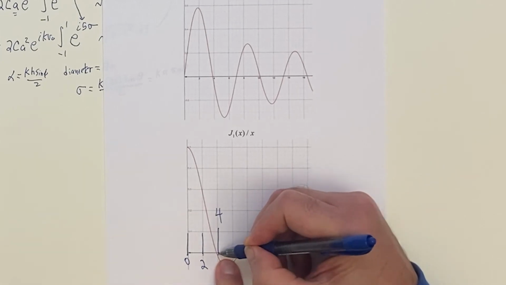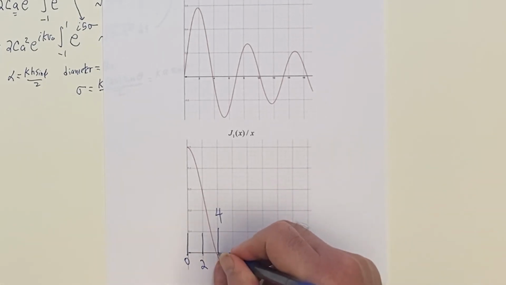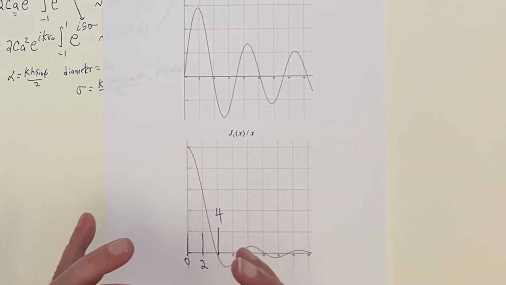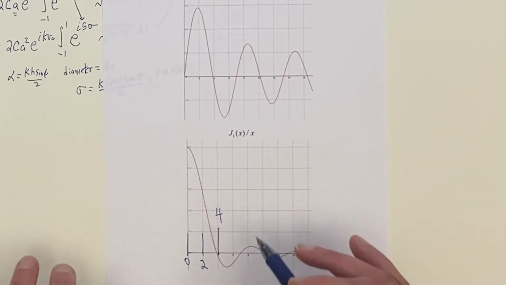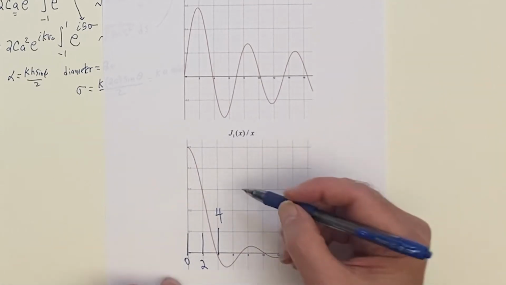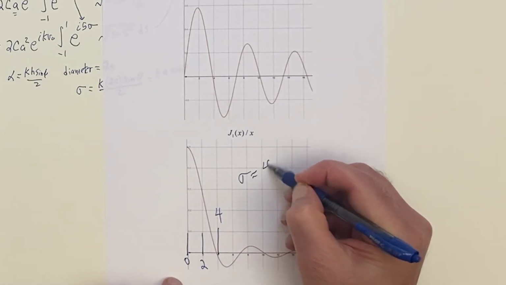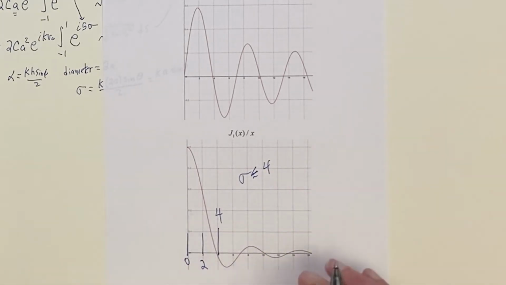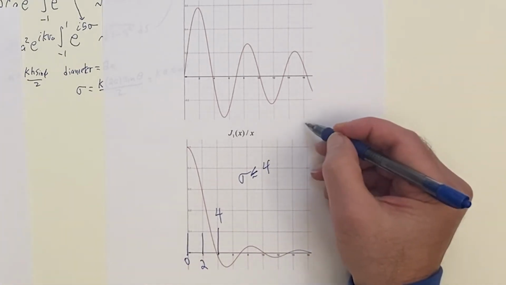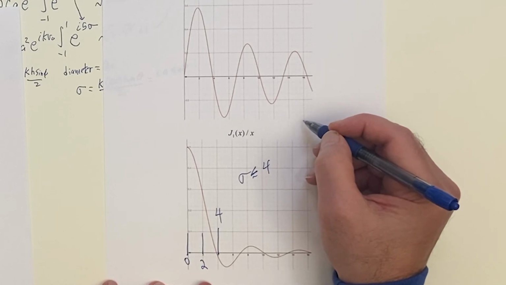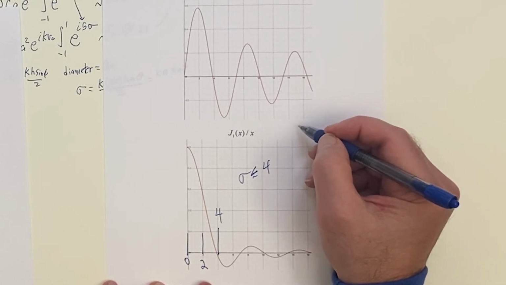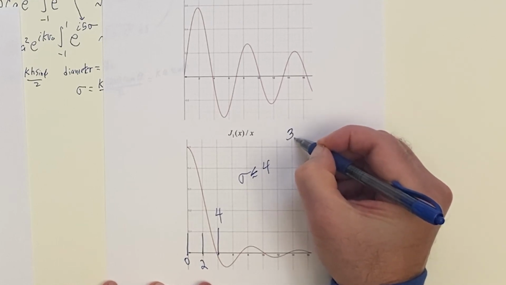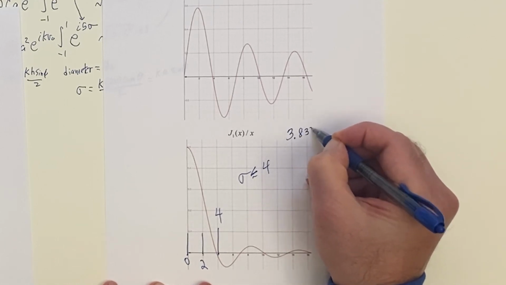This is a little bit less than 4. So that means in our diffraction pattern, we're going to have a circle where when the value for sigma is a little less than 4, it's going to be the end of the circle. It's going to go to 0. So this is actually 3.832.